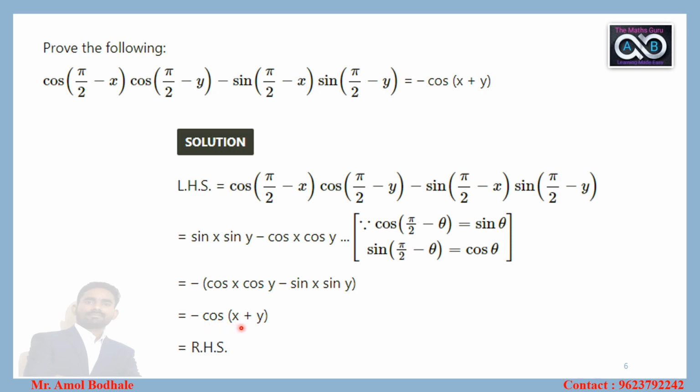As we know, cos of x plus y is cos x cos y minus sin x sin y. The expansion of cos is cos cos sin sin. For plus we have to take minus, and this negative symbol outside the bracket is as it is. And we get exactly our required RHS, which is minus of cos of x plus y. So in this way we can prove this expansion.